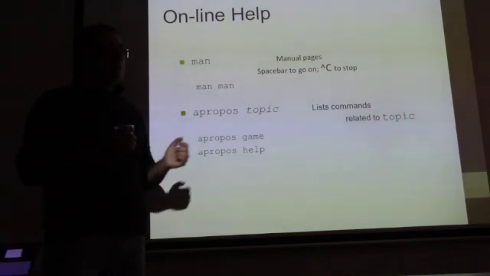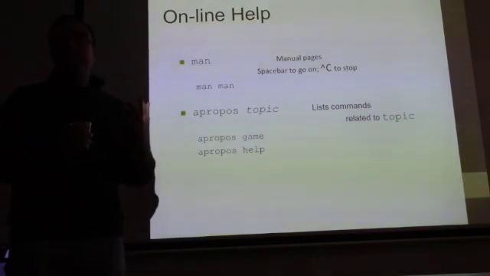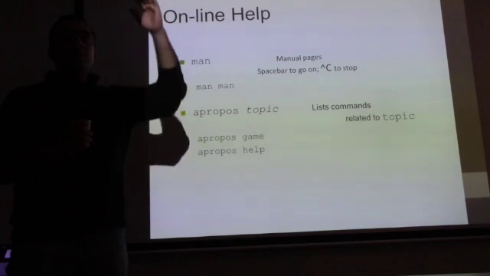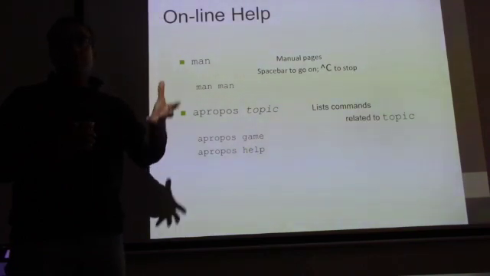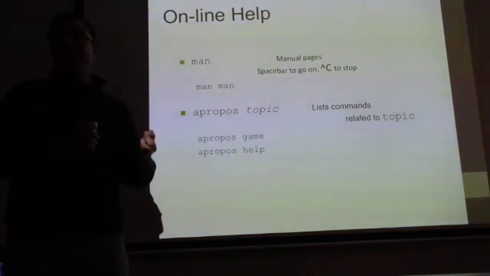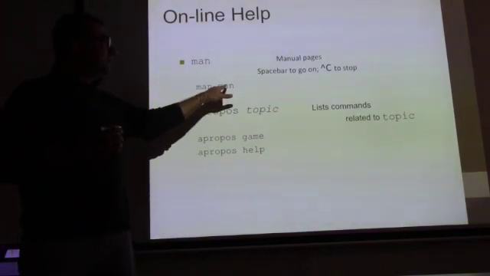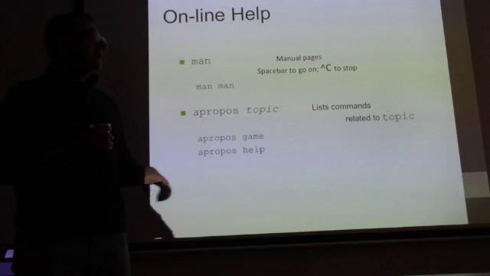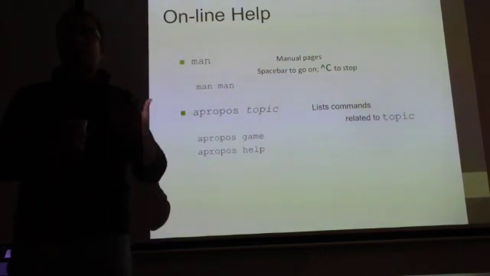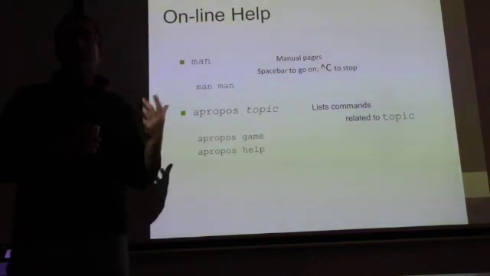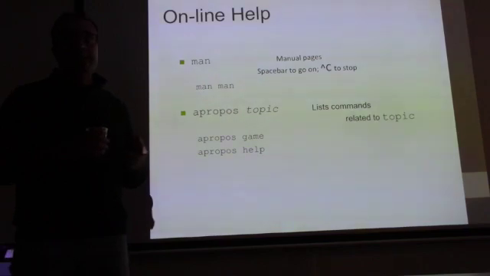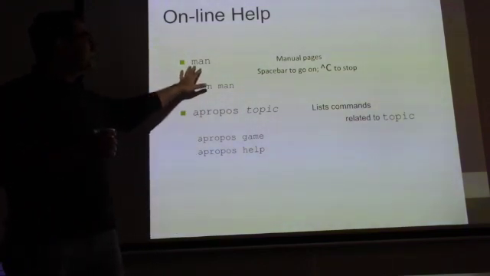So let's say the command for listing the files in your current directory is ls. It's one of the most used commands. If you type man followed by the letters ls, it'll give you an entire page of what the command is, what the options are, what it can do for you, and examples. All right. So this is a good command to know, man.